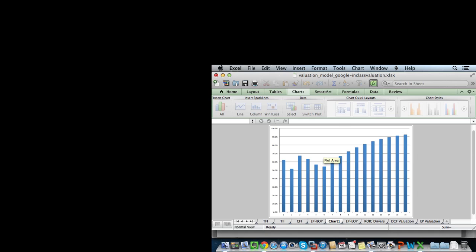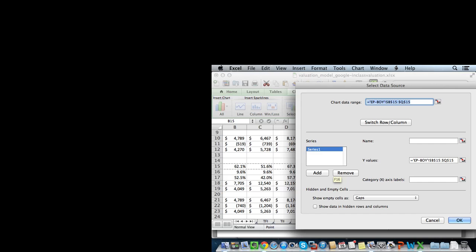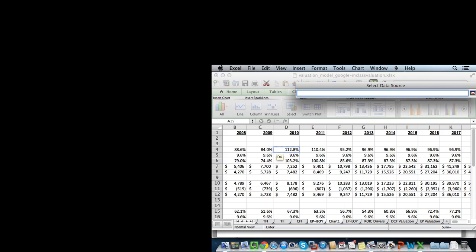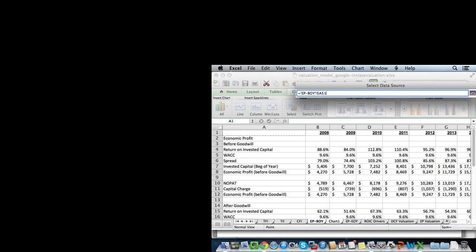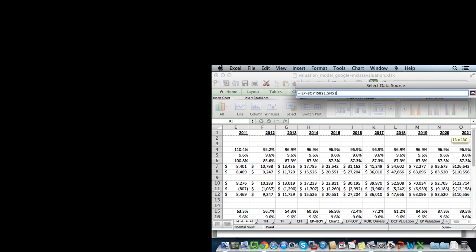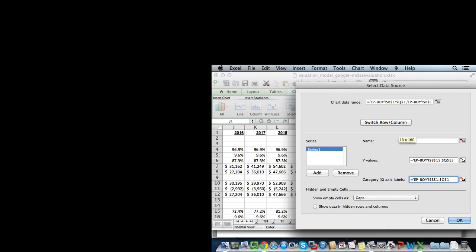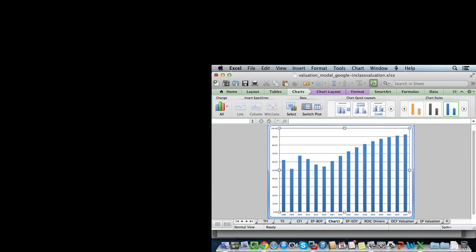But what it really represents, and I'm going to select my data, and what I want to do is add in an x-axis, and the x-axis is the years, starting in 2008 and going all the way through 2023. What we've just done is create a chart that has the historical and forecasted ROICs.